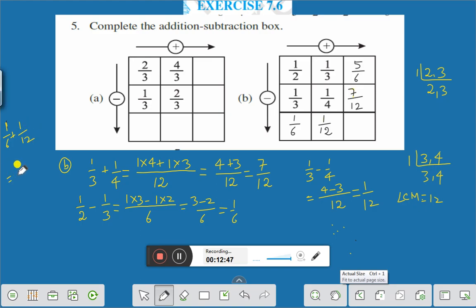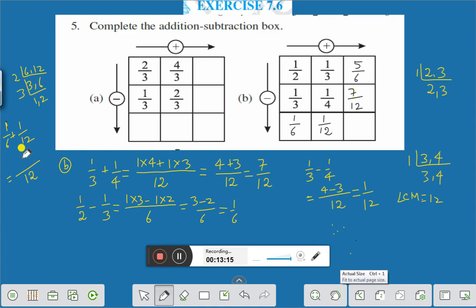Let us find the value of LCM of 6 and 12. 12 divided by 2, 2 3 is 6, 2 6 is 12. Again by 3, 3 1 is 3, 3 2 is 6. We multiply 2 3 is 6, 6 2 is 12. The LCM is 12.